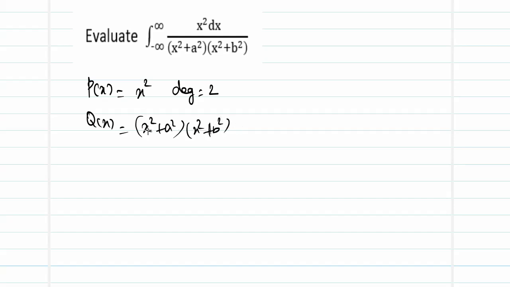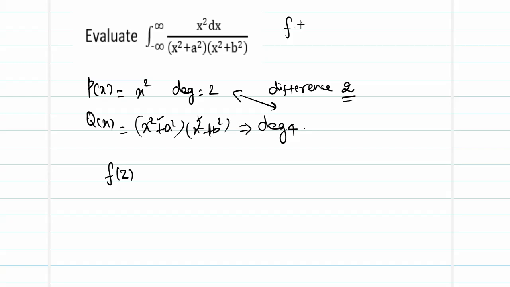So x square into x square, the largest of it will give me the degree of the expression to be equal to 4. So you can see that the difference between the degrees of p of x and q of x is going to be 2. So if it is 2 or more, then I can apply the type 2 integral. In which case, what I'll have to first do is convert the function, which is a function of x between minus infinity and infinity, to a function of z.